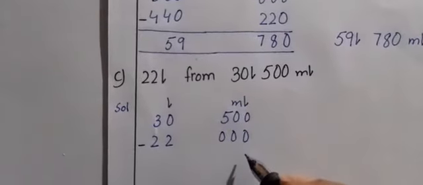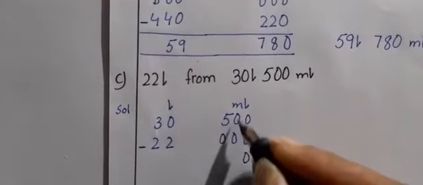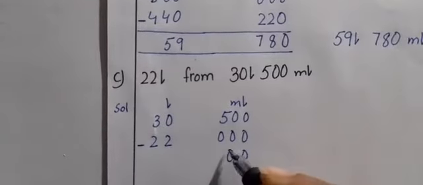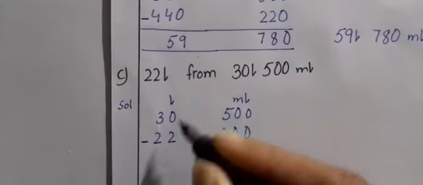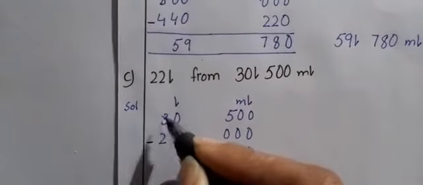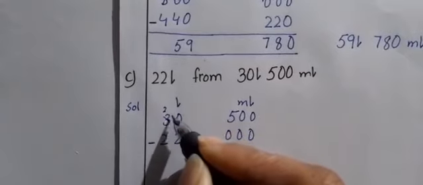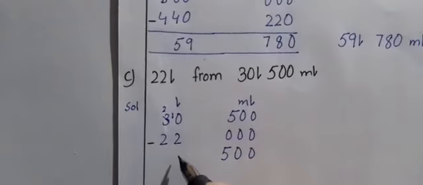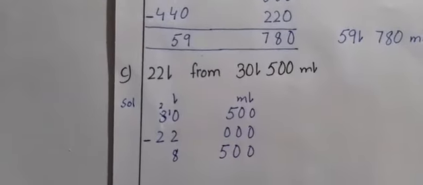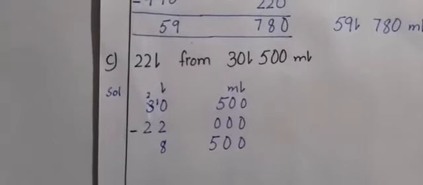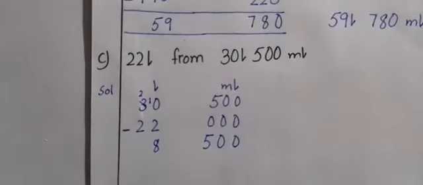So 0 minus 0 is 0, 0 minus 0 is 0, 5 minus 0 is 5. We cannot subtract 2 from 0. So this 3 will become 2 and it will become 10. 10 minus 2 is 8. 2 minus 2 is 0. So our answer is 8 liter 500 milliliters.